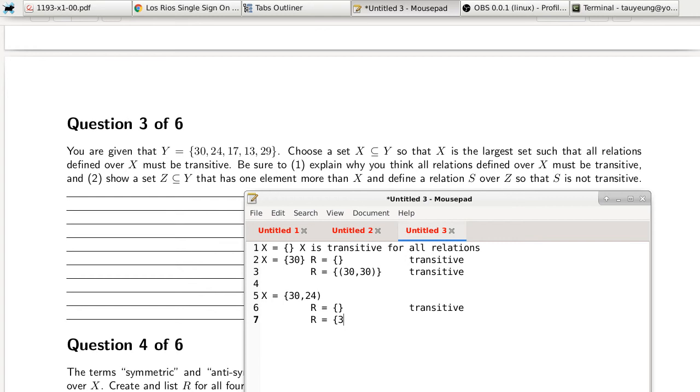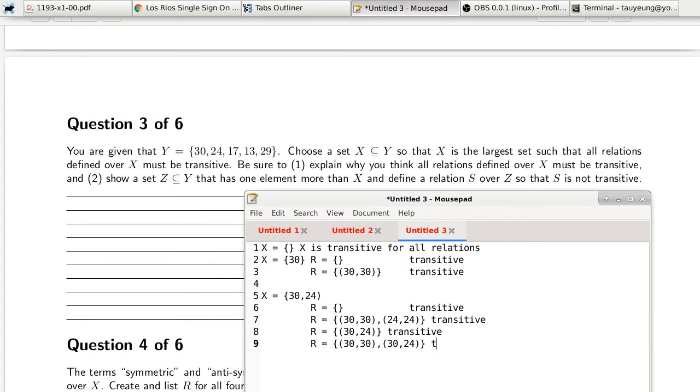So now you can say, what if R has 30, 30, and 24, 24? That is transitive. What if R has 30, 24, and that's it? Is that transitive? The answer is yep, it is transitive. So now the next question is, what if R has 30, 30, and 30, 24?